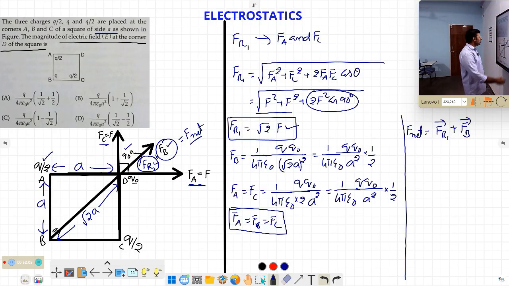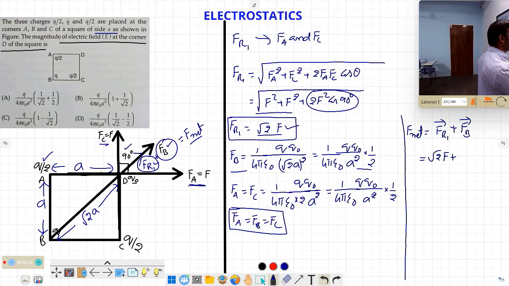FR1 is root 2 F. What is FB? FB is equal to FA value. So I can write FR1 is equal to root 2 F, and FB value is equal to FA value, that is nothing but F. What is the F value?